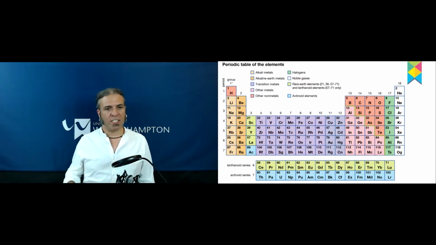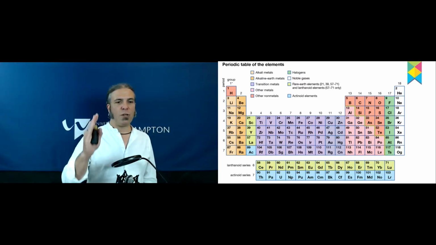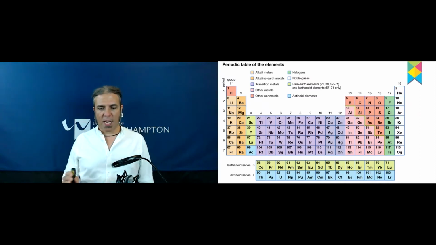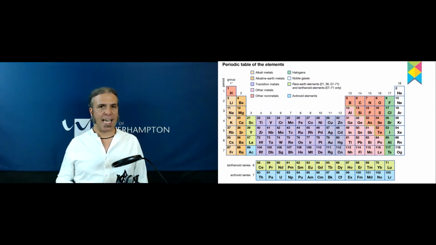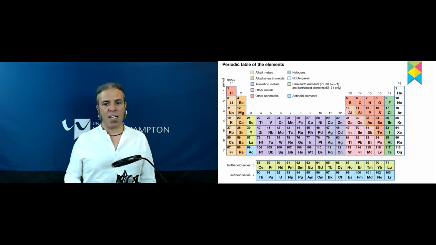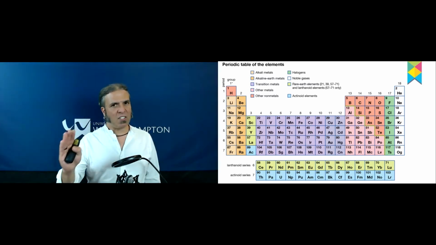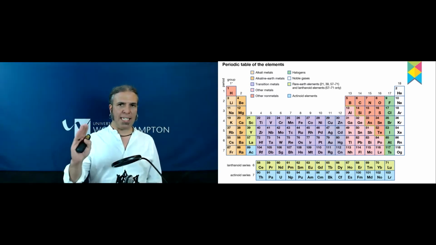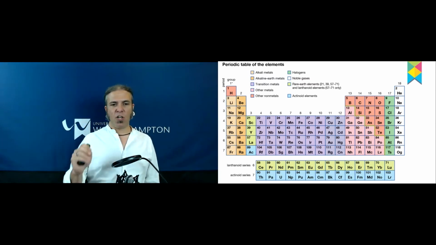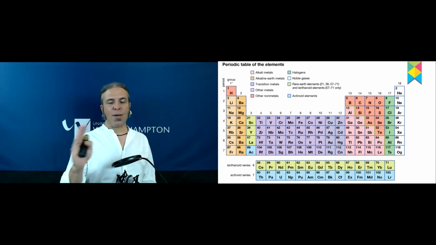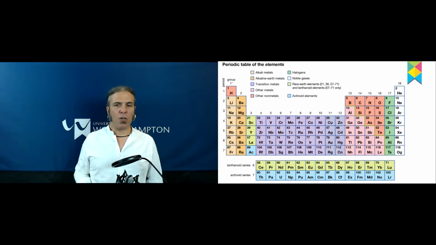You can see the first 2 groups, 1 and 2. They are very important for your studies. They're called the S block elements. And then on this particular periodic table, you've got groups 13 to 18. They're actually called the P block elements, and they're very important at the moment for your studies. So we'll concentrate on some of those.